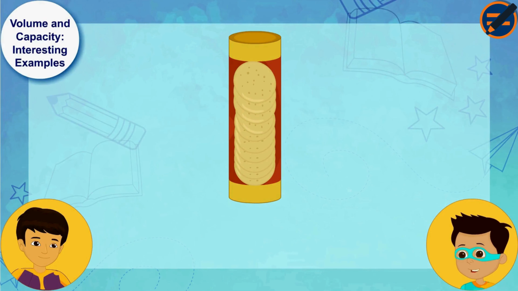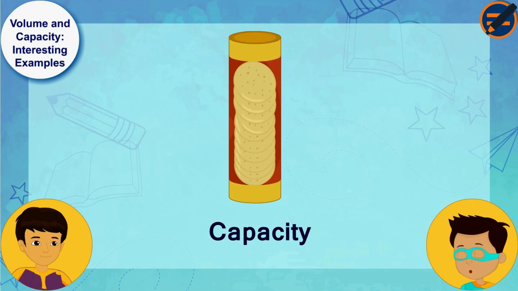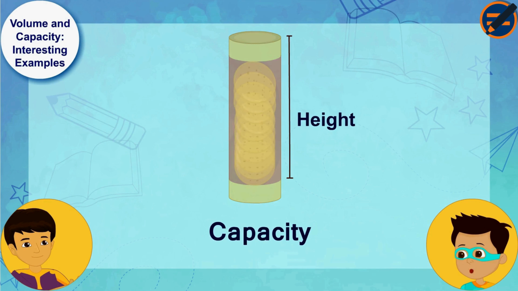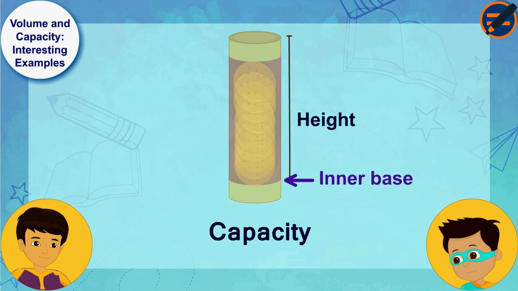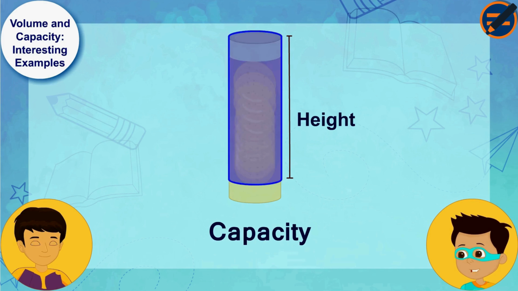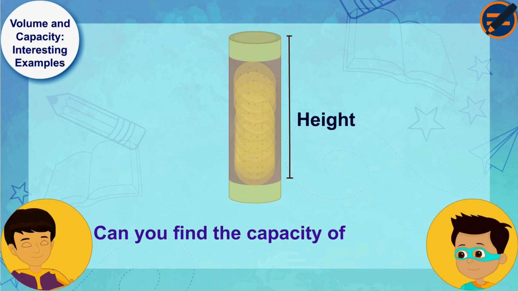And look, Manas, to find the capacity of the cylindrical box, we have to measure the height of the box only to the level of the inner base. Because in the box we will be able to fill any substance only up to that level. Now can you find the capacity of the box and tell me?